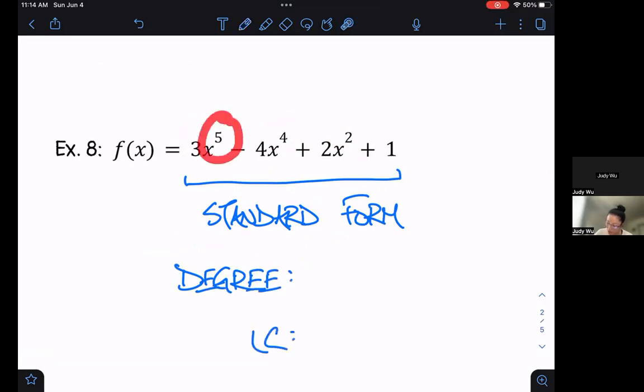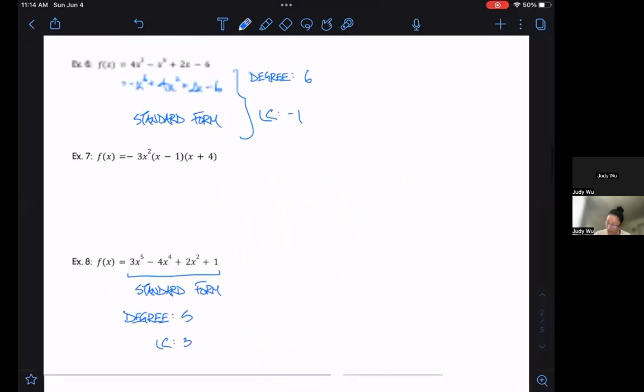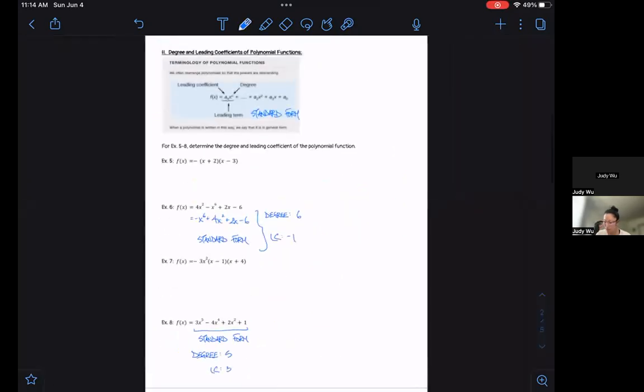So the highest power I see here is 5. So our degree is 5. And our leading coefficient is a 3. All right. So let's zoom back out for a moment. If it's in standard form, make sure we've got our highest power all the way down to our lowest power and find the degree and that leading coefficient.